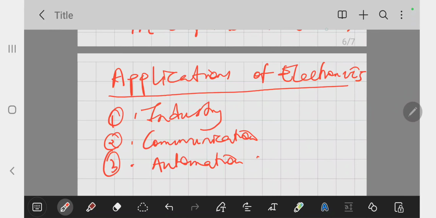Then when it comes to communication, electronics is mainly the backbone of modern communication systems. So an example is things we've already seen before. For instance, a radio, a TV, mobile communication, internet routers, and satellites as well. So those are some of the applications of how we use electronics in communications.